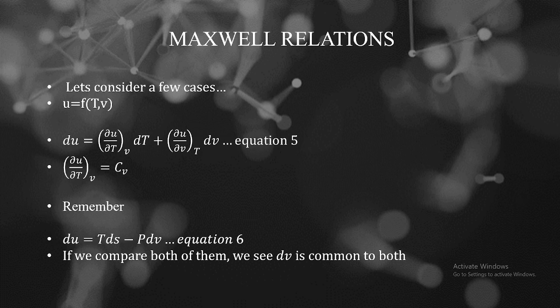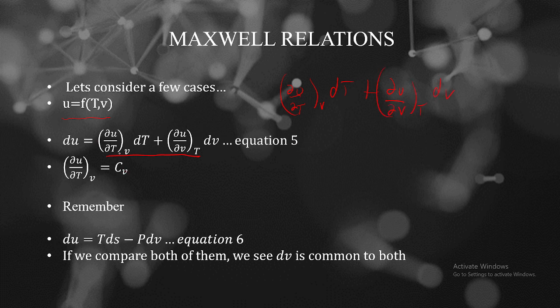For now, we are just going to consider that U is a function of temperature and volume, right? So our dU is going to be, because I think by now you should be able to do this, del U del T, where we are changing with respect to T while keeping V constant, dT, plus del U del V, where we are changing U with respect to V when we keep T constant, dV.